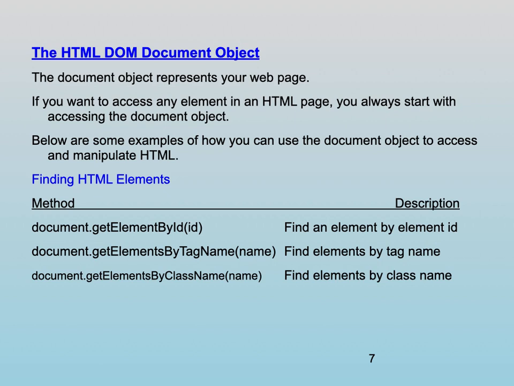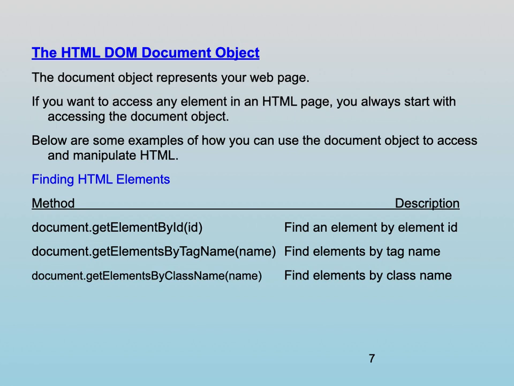For accessing and manipulating HTML, we have a number of methods. Three example methods are here for finding HTML elements. Here, document.getElementById in brackets id. That is the first method given here for finding an element by element ID. getElementById is the method there.